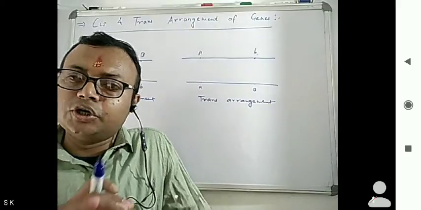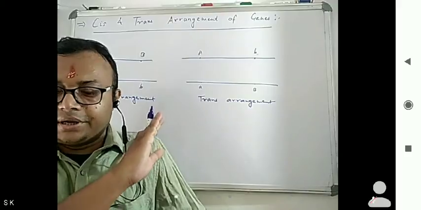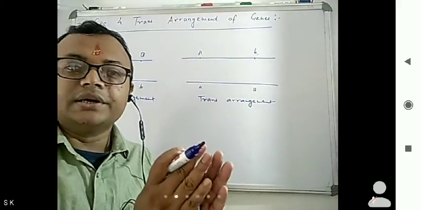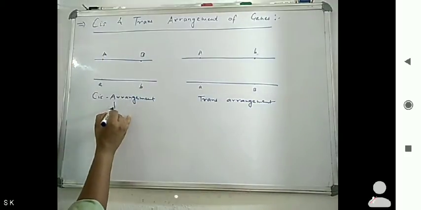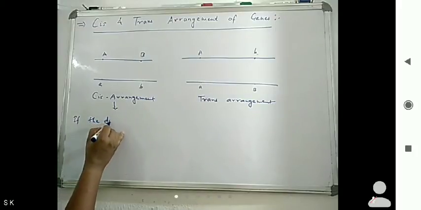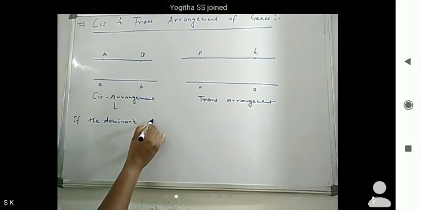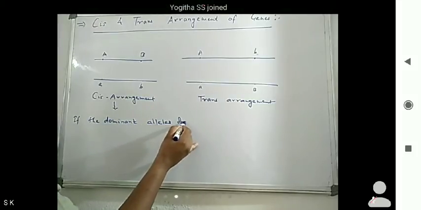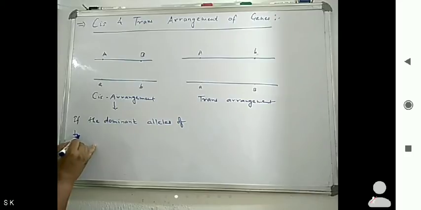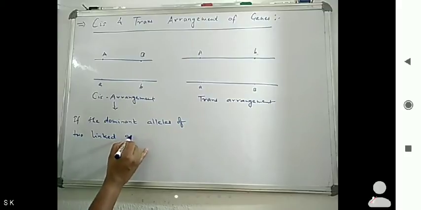If the dominant alleles, we are denoting here A and B, of two linked genes, we already discussed linkage in the previous class.